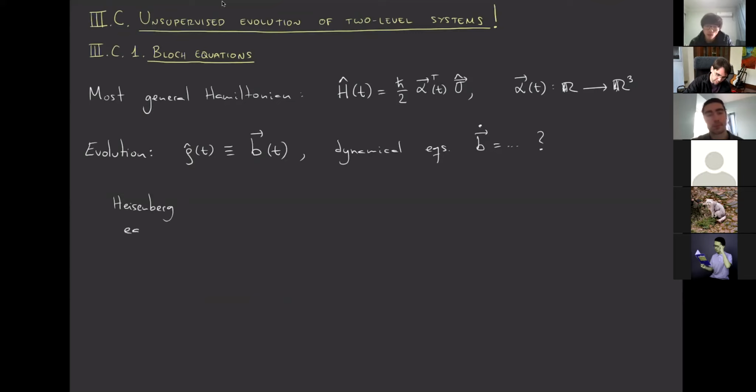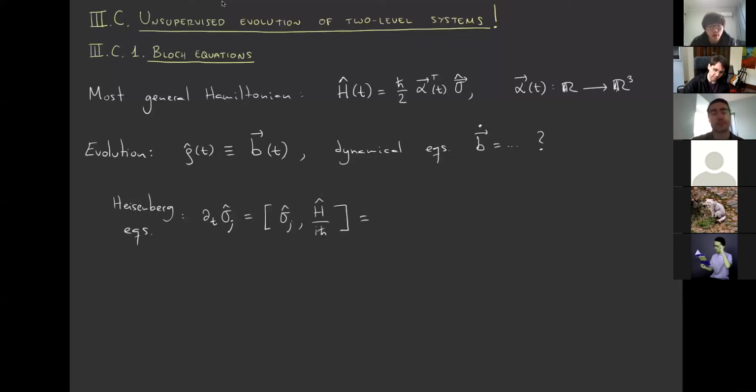So we write down the Heisenberg equations of the Pauli operators, and these look like this. So the Pauli operator sigma j, the time derivative of that, according to the Heisenberg equation, is just the commutator between the operator and the Hamiltonian, divided by i h bar.